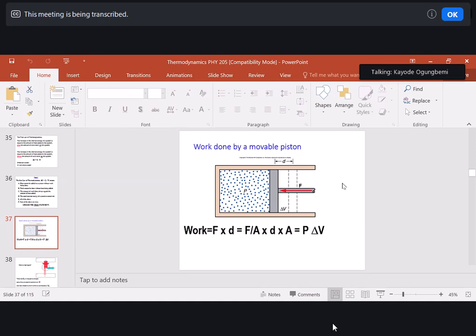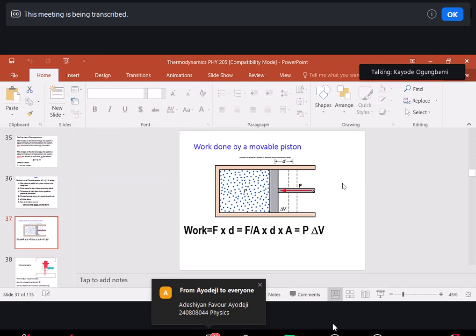So let's look at it now. We said work done is equal to force times distance. You remember that? Work done equals force times distance. But here, we have force that is applied to the piston to reduce the volume. Then we can calculate the area of the piston because we know the length and breadth of that space.